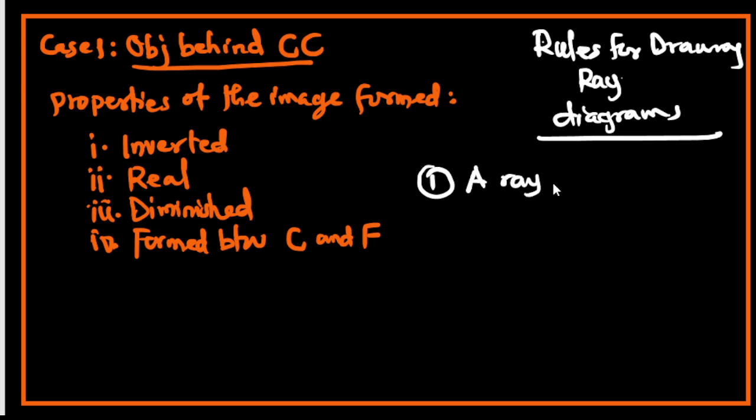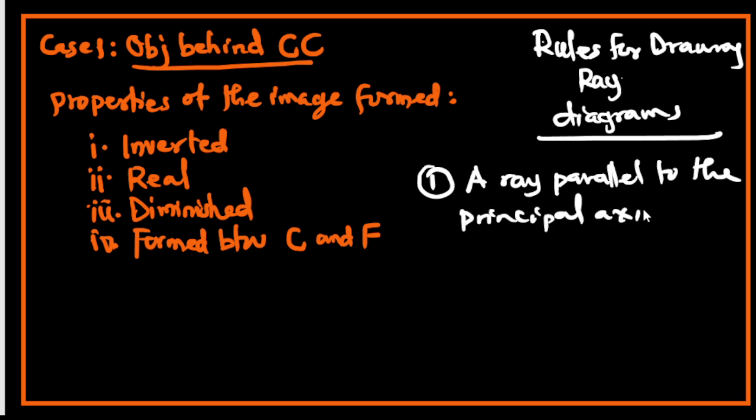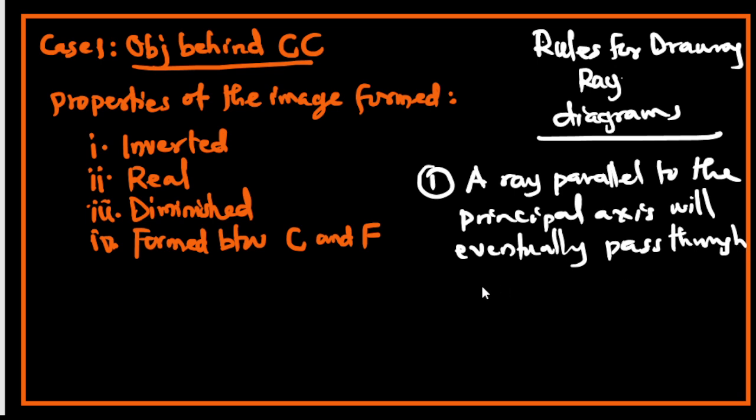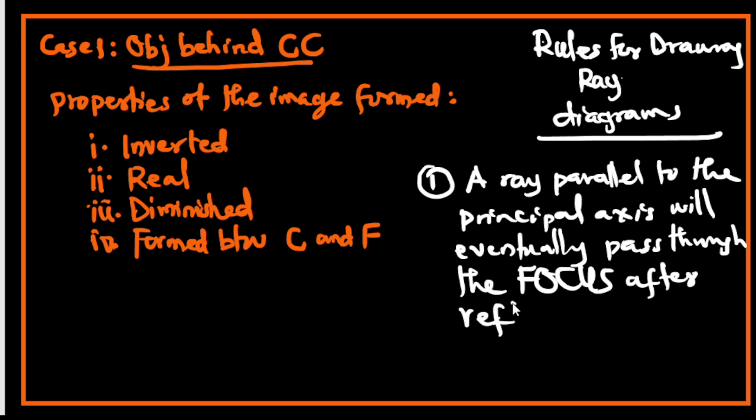A ray parallel to the principal axis will pass through the principal focus after reflection from the mirror.